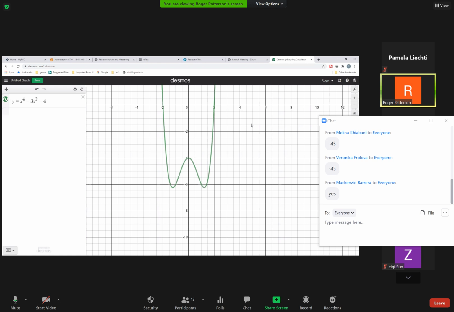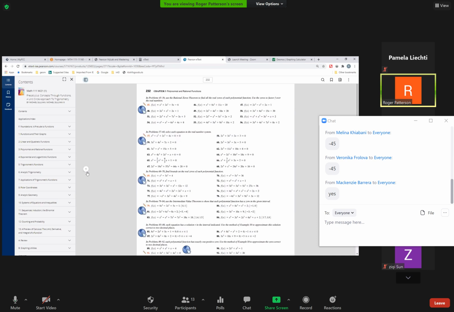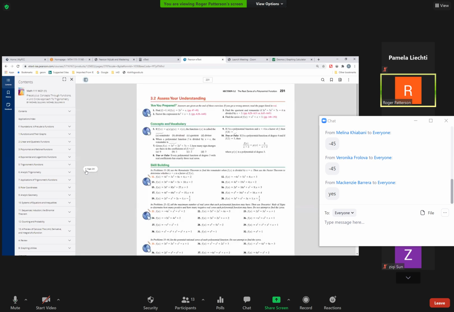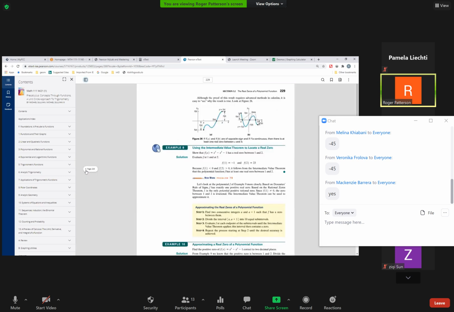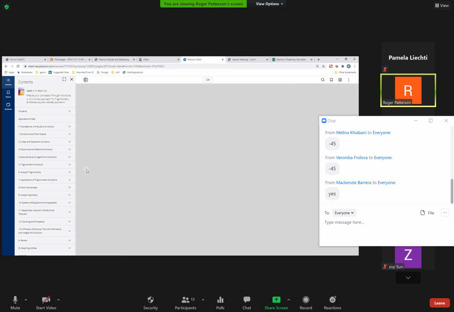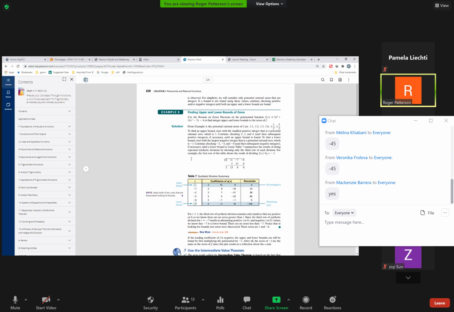So it wants to know the bounds. I'm going to look and check real quick, but I believe that's what they want, is those numbers right there.